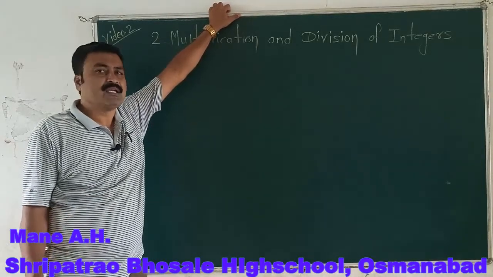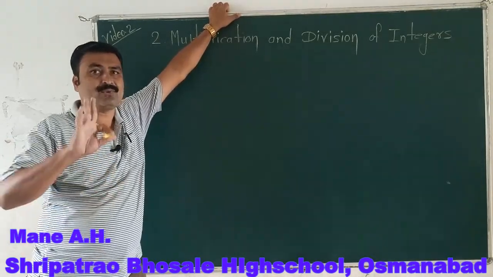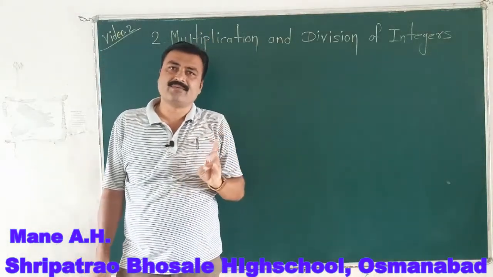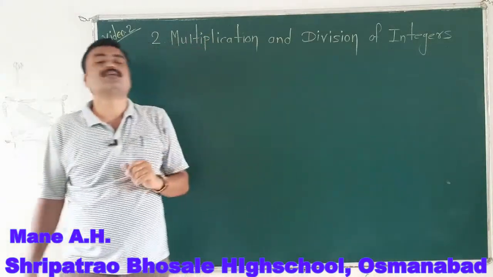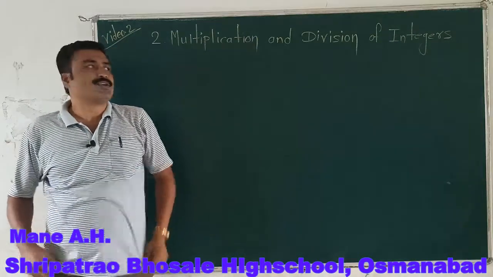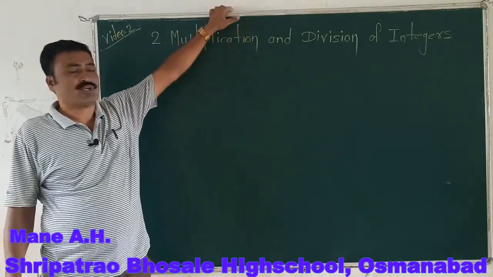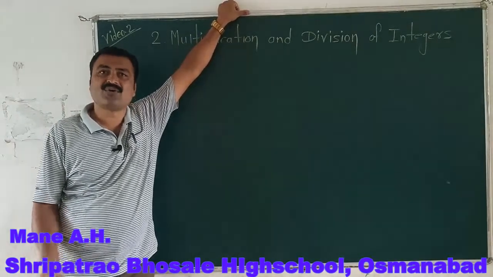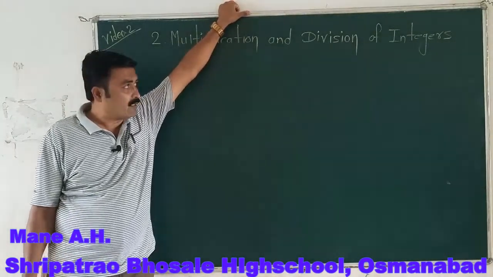In 6th standard we get 3 number systems: the first is natural numbers, second whole numbers, and third the integers. We took the introduction of integers, how they form, and what the necessity of integers is.